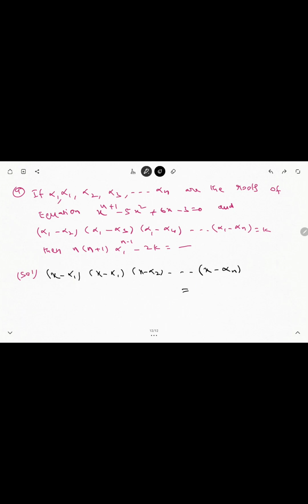Suppose x minus alpha into x minus beta is some quadratic. X minus alpha into x minus beta into x minus gamma means that is cubic equation. Here degree is n plus 1, therefore we are getting n plus 1 factors. So let me write this one, x to the power of n plus 1 minus 5x square plus 6x minus 3.